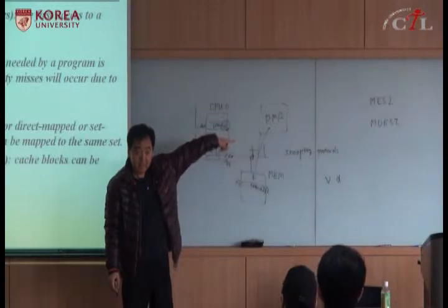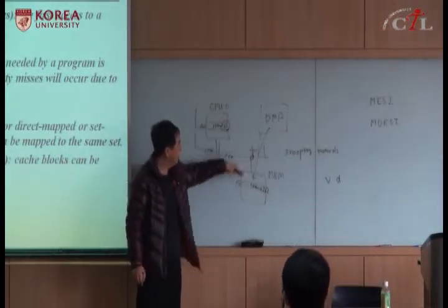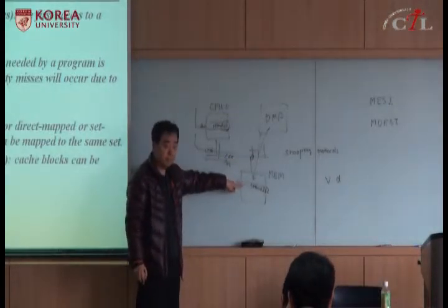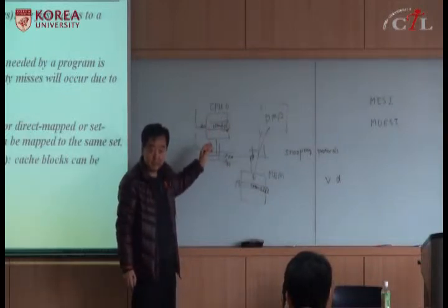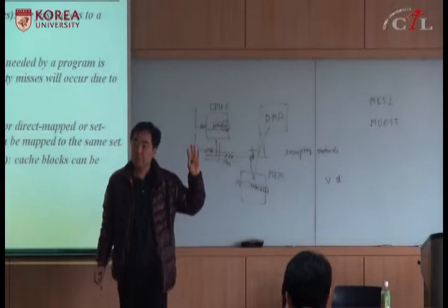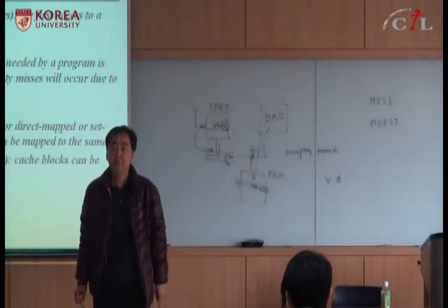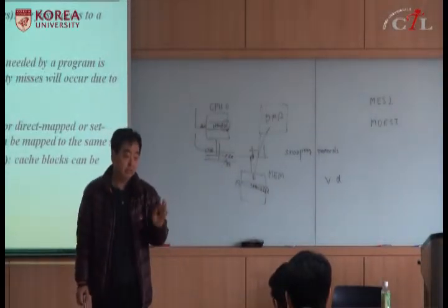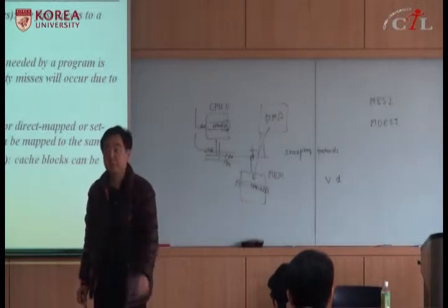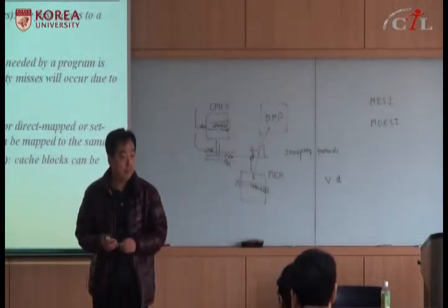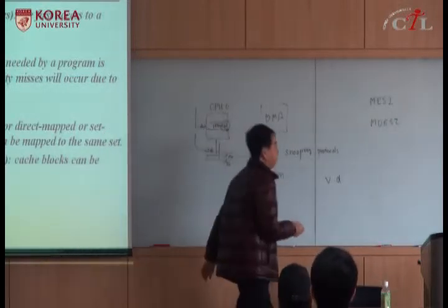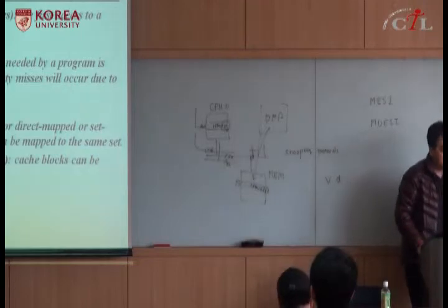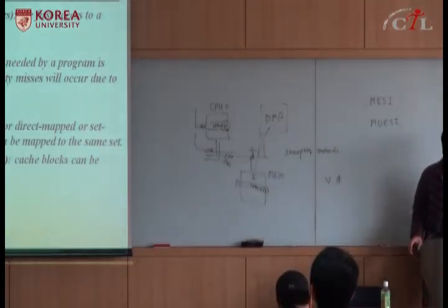Okay? So they should monitor, and if there is a DMA write going on at some particular address, you have to search and invalidate. Okay, so this coherence protocol engine should be in a uniprocessor, single processor system, and also in a multiprocessor system. Okay? Clear? And this is called an invalidation message.